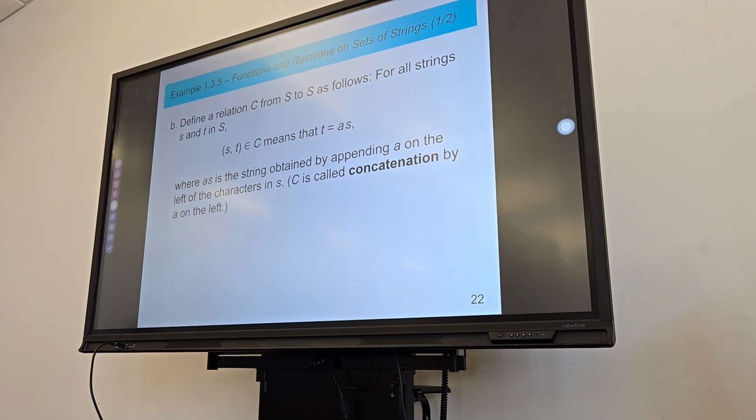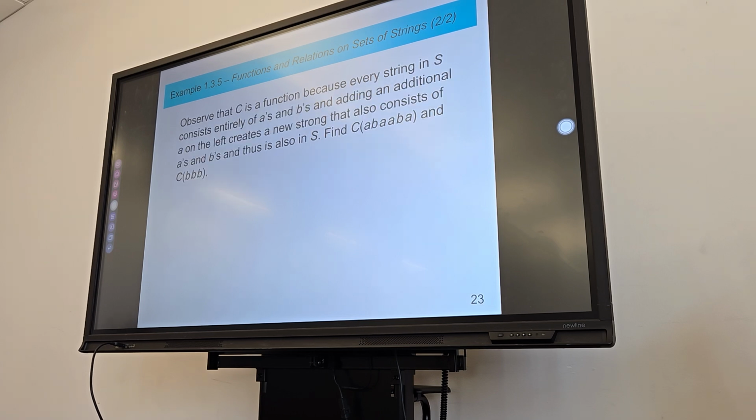This is a concatenation function. So it is a function because every string s consists entirely of a's and b's, and adding an additional a on the left creates a new string, typo there, that also consists of a's and b's, and thus is also in S.